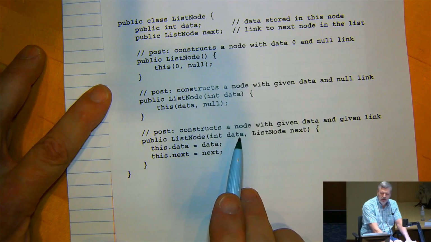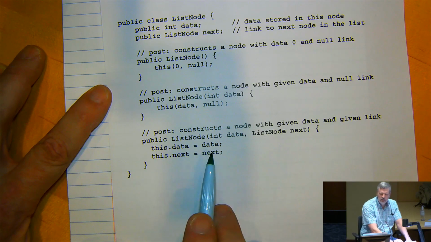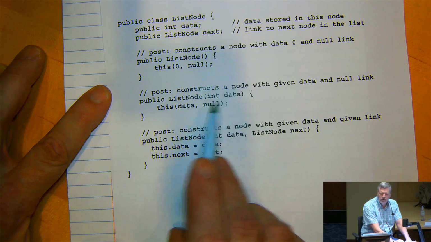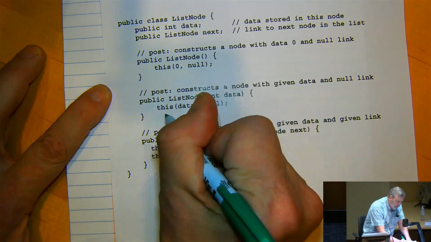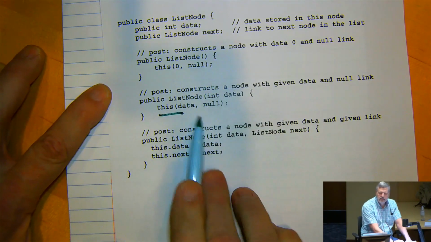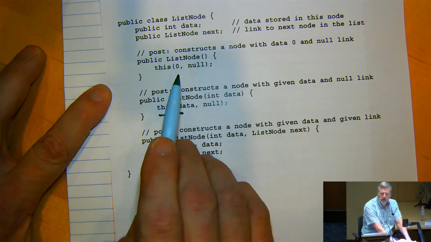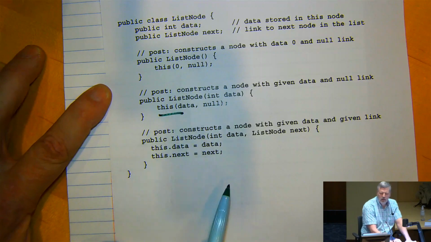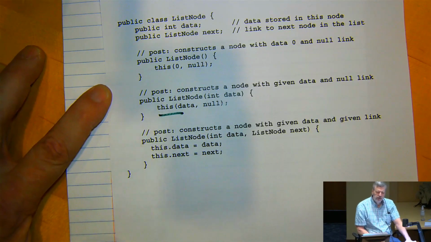It's the constructor that takes both the data and the link to the next thing and sets those fields. This one that gives just the data calls the other constructor using the this paren notation, and it passes in the data and a null. Here we have a 0 argument constructor that uses 0 and null to call that other constructor. So these 2 constructors are calling that 3rd constructor.